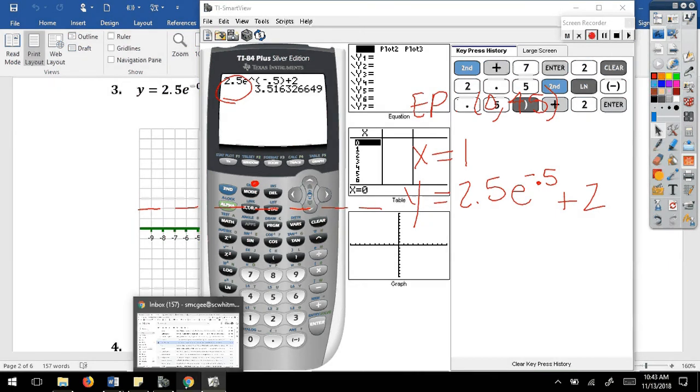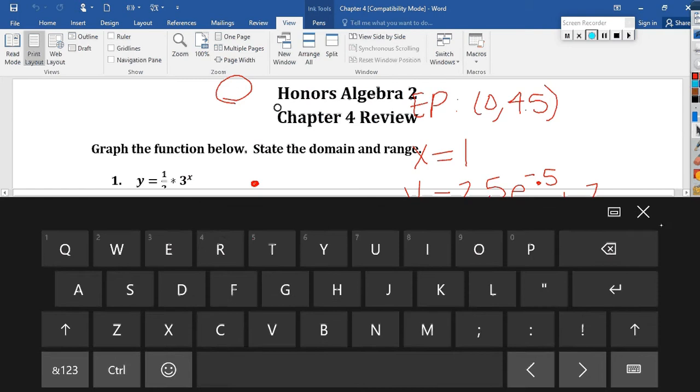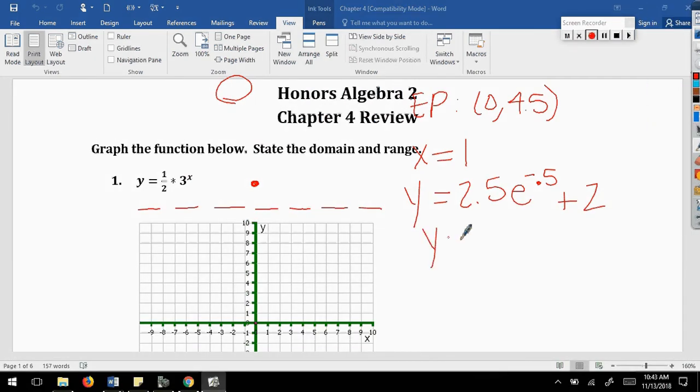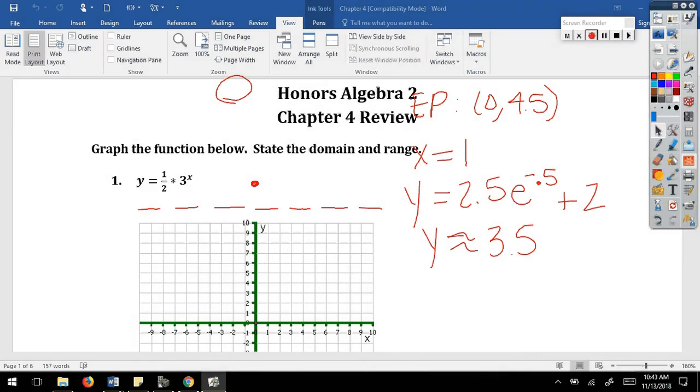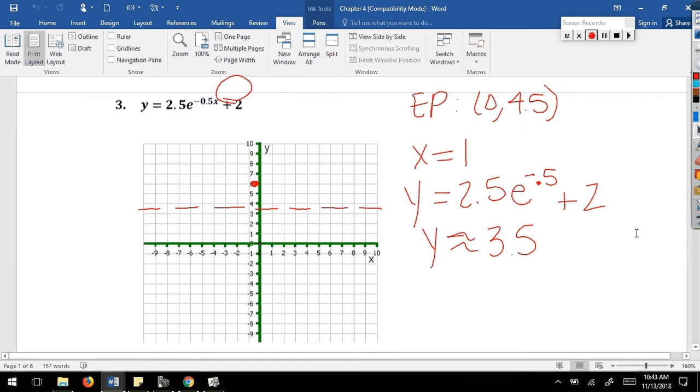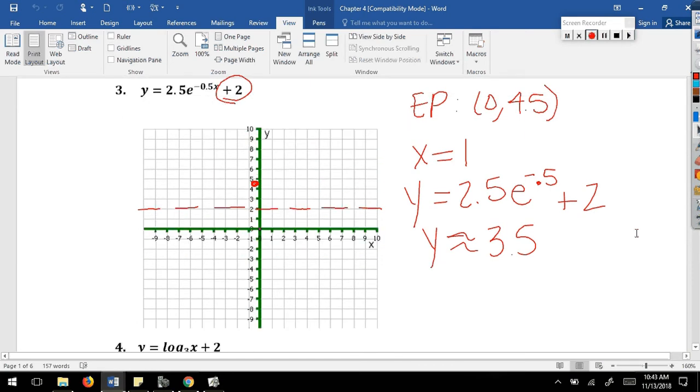So that's my y value here, 3.5. So I have the point, this was 2. There we go.